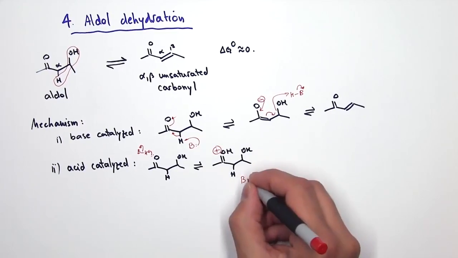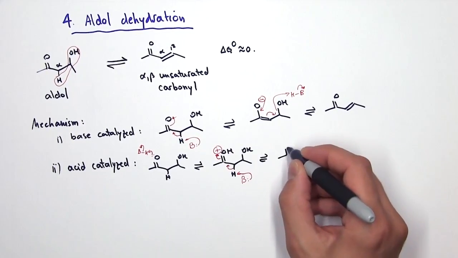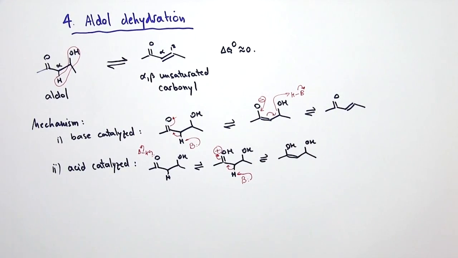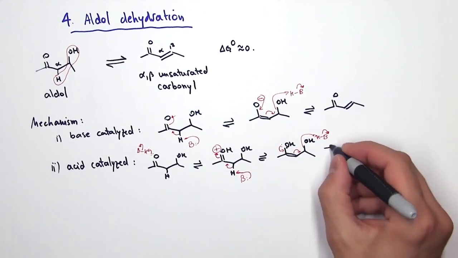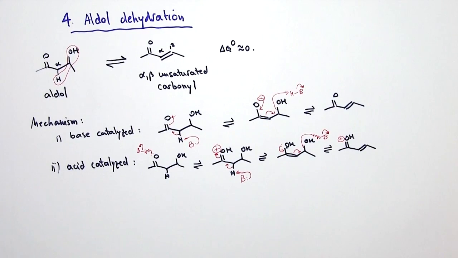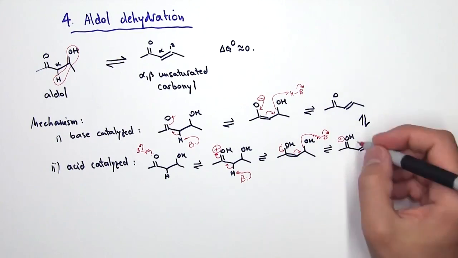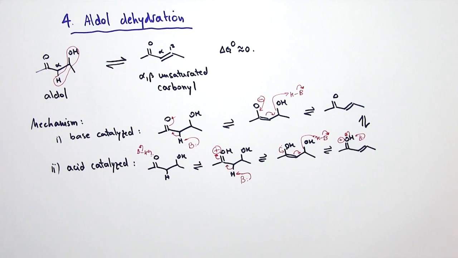All right, now a base can remove our alpha hydrogen, forming the enol, which can kick off a water molecule, generating this species, which is just one proton transfer away from our final product.